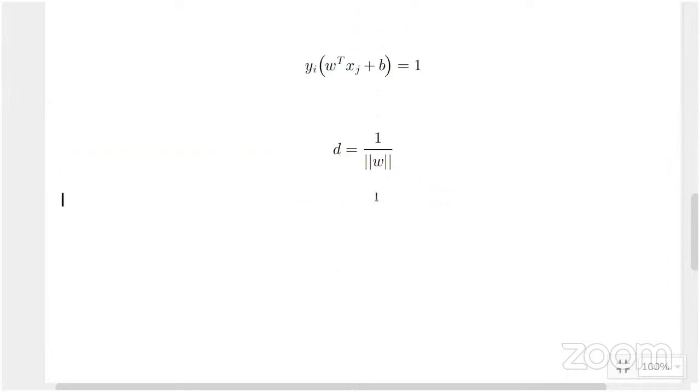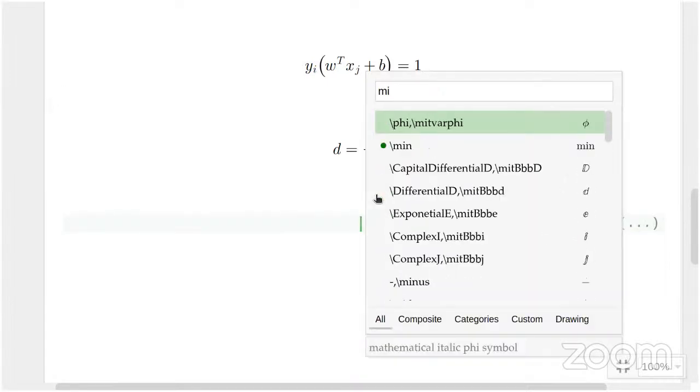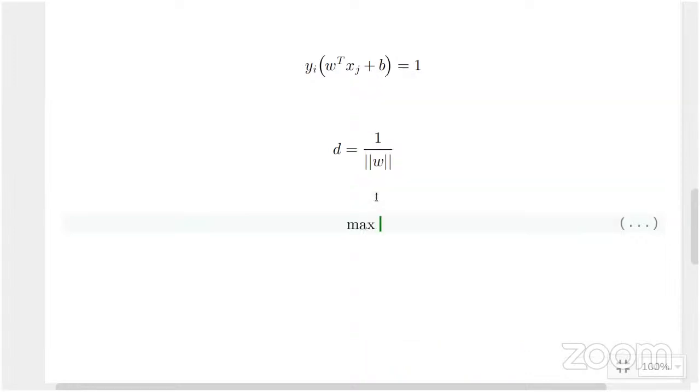Okay, so this is the expression for the margin, 1 by norm W. In the slides, it's 2 by norm W. We are really not going to ask you what the value of the margin is, so you don't need to worry about that. But essentially, you end up with a maximization problem: maximize the margin.